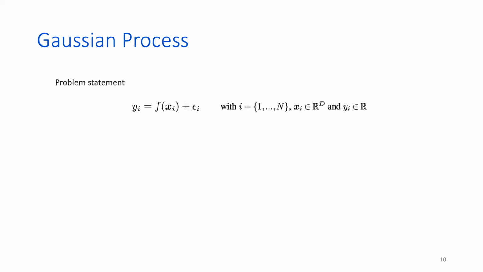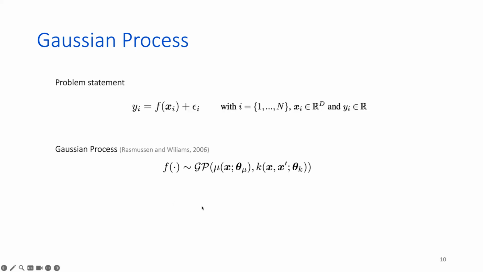A Gaussian process is a stochastic process where any finite collection of its random variables, so the y's, are going to be distributed according to a multivariate normal distribution. And just like a multivariate normal distribution, a Gaussian process is defined by a mean function, mu here, and a kernel function or covariance function k.